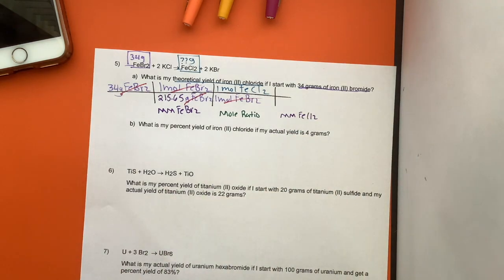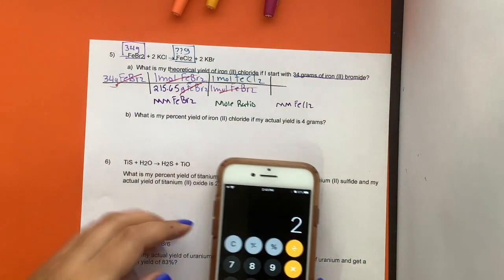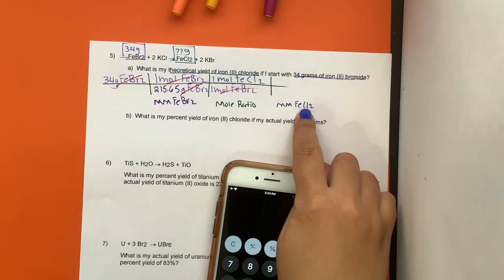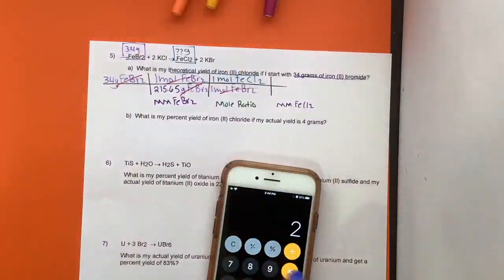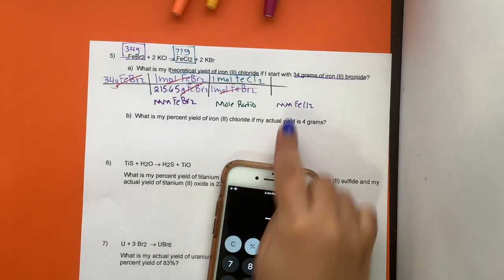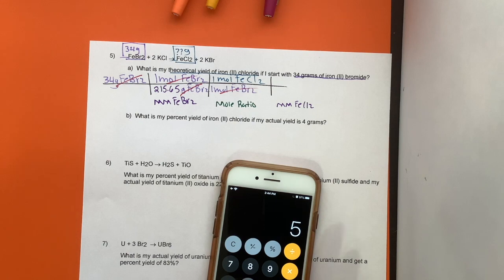Okay, so I'm gonna again use my calculator. I have 2 chlorine, so Cl is chlorine. Each chlorine has a mass of 35.45. So I'm gonna do 2 times 35.45 plus I have 1 iron, and iron has a mass of 55.85, and that gives me a mass of 126.75.